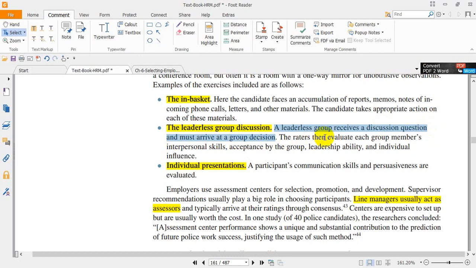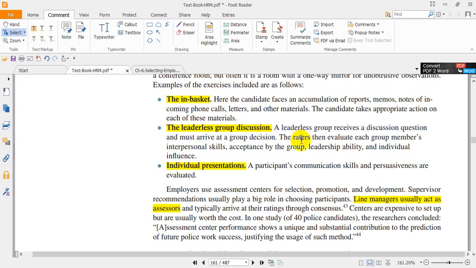The raters then evaluate each group member. So in this kind, we group the candidates in several groups, and there is no group leader, and we give them a discussion question that must arrive at a group decision.